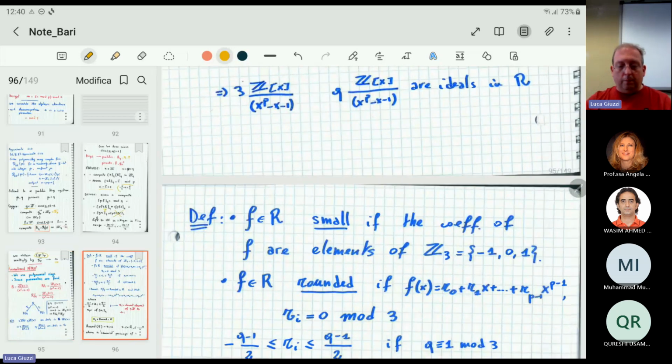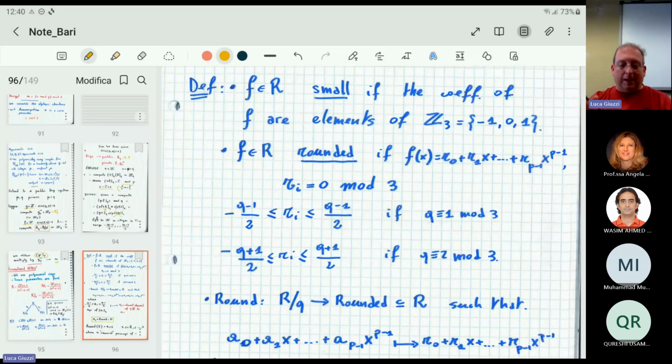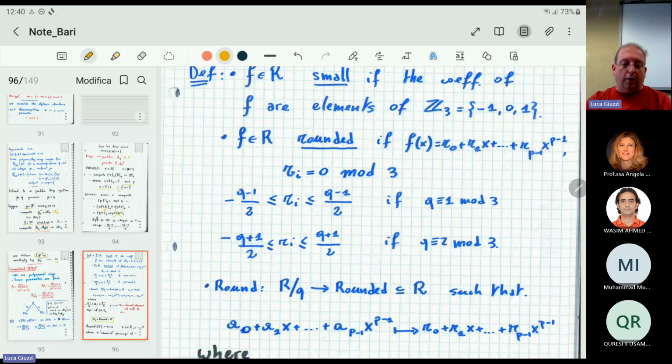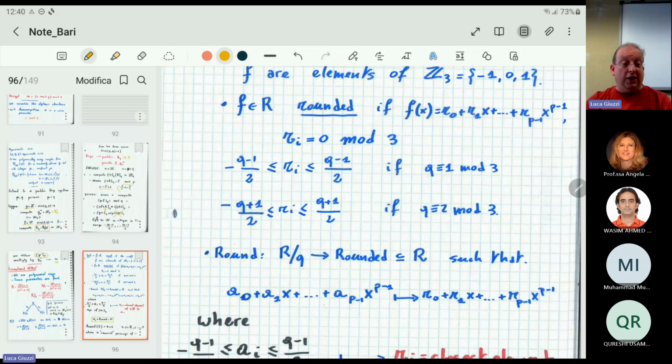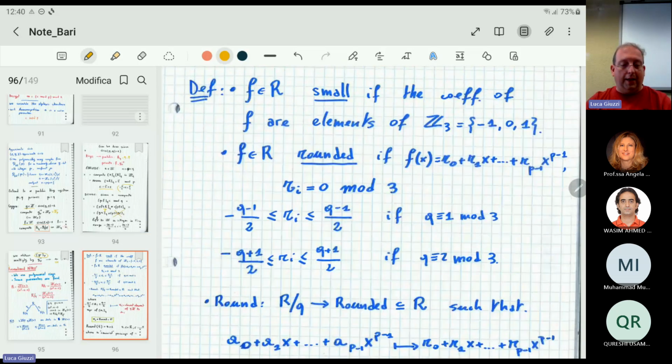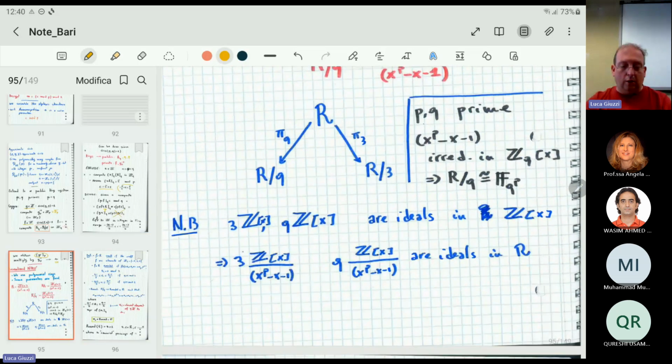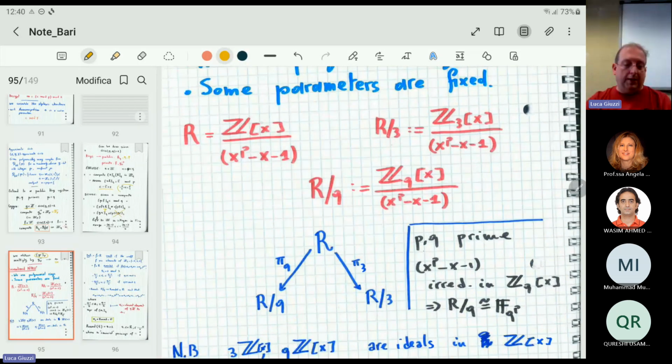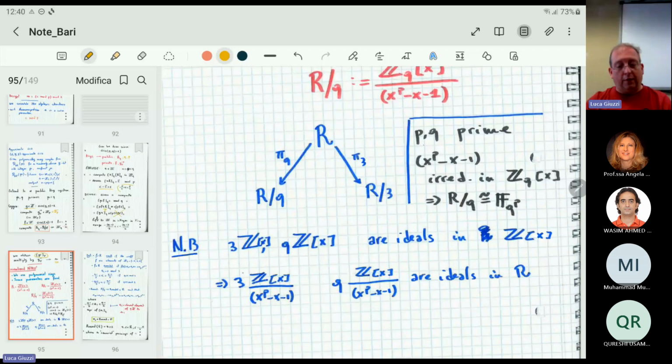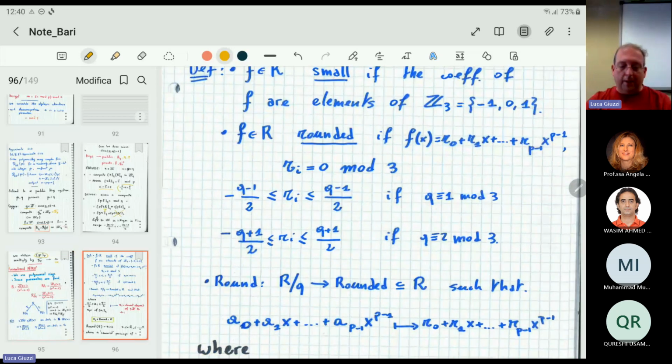So what do we do? We basically apply the same setup as before. We define a polynomial to be small if the coefficients are in Z3. We call it to be rounded if the coefficients are in these ranges. So even if we are in R, which let me recall, R is polynomials over the integers, not polynomials over Z_P or something like that, we require this.